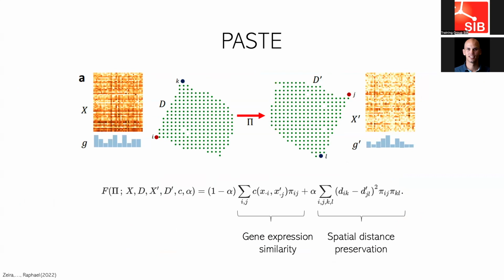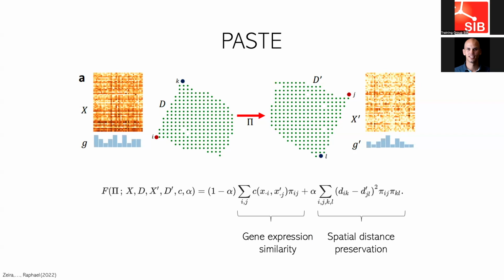What optimal transport gives you at the end is a mapping, right? What is a mapping? It's just a matrix that says, these are all the locations in section 1, these are all the locations in section 2. What's the transport map, right? What is the most likely mapping of this spot in section 1 to all the other spots in section 2? These mappings are the pi over here, so i and j will be two spots on two different sections.